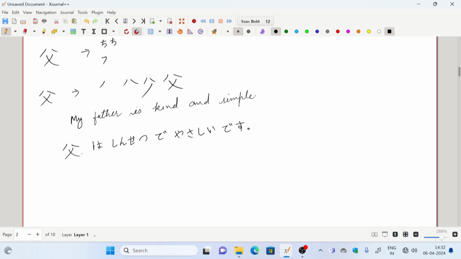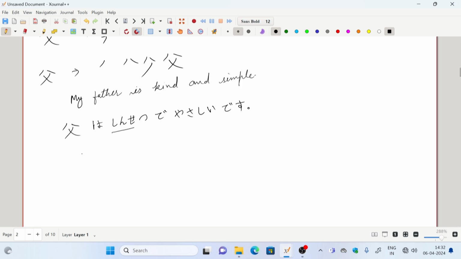Chichi wa shinsetsu de yasashi desu. Here shinsetsu is a na-type adjective, so we have used particle de to connect it with yasashi, another adjective.